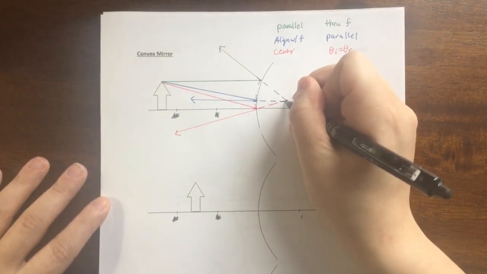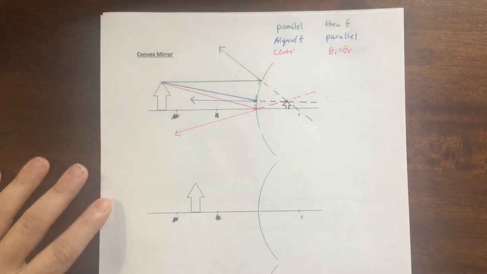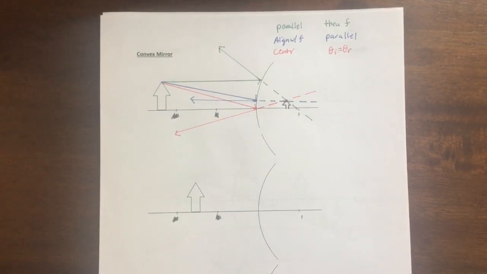We now have our image. It's just like that. With a convex mirror, with mirrors in general, I believe, it's easier to just do the center one last and force it through that point. So long as it still looks right, you should be fine.